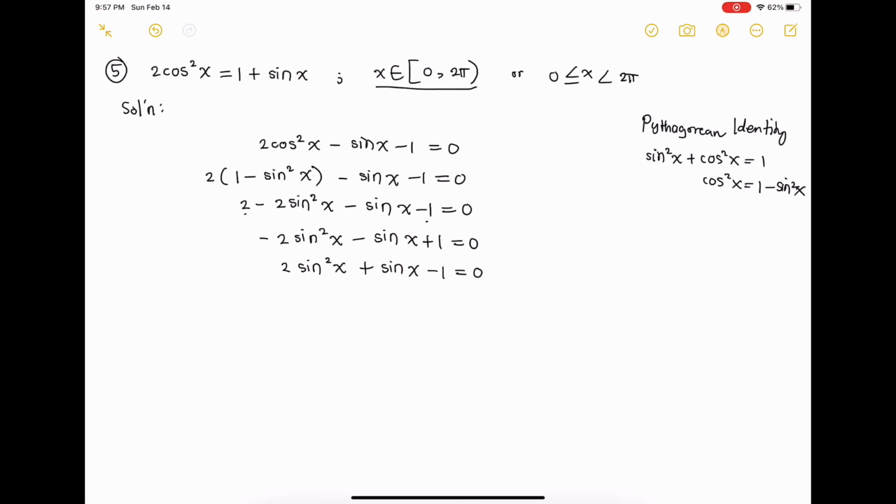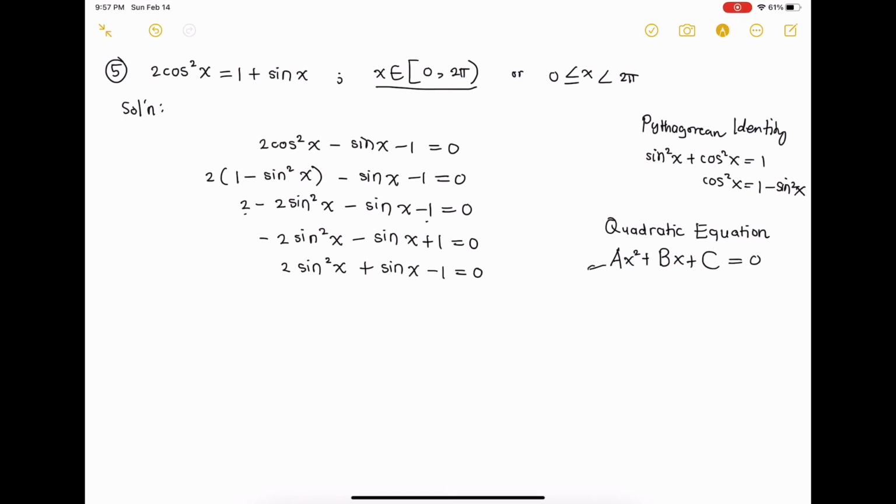Now, how do we solve this equation? Take note, 2 sine squared x plus sine x minus 1 equals 0 is like a quadratic equation, in which a quadratic equation has the form ax squared plus bx plus c equals 0.